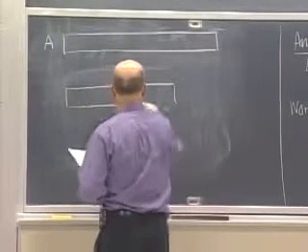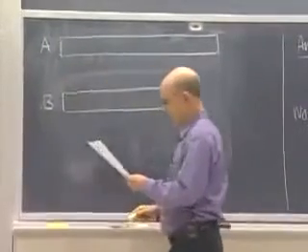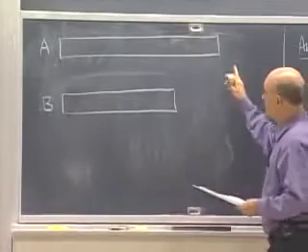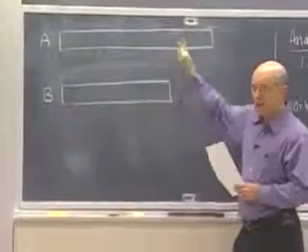We have 2 arrays, A and B. These are going to be already sorted. And our job is going to be to merge them together.